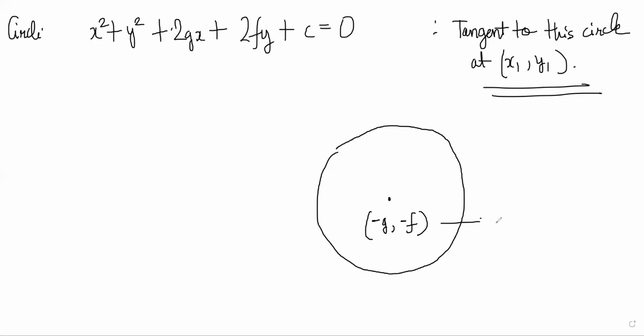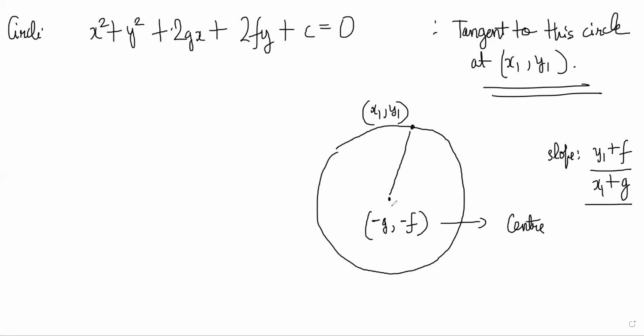So the slope of this line is y1 plus f over x1 plus g. And so for the tangent, we need to do minus 1 divided by that. So that will come out to be this.